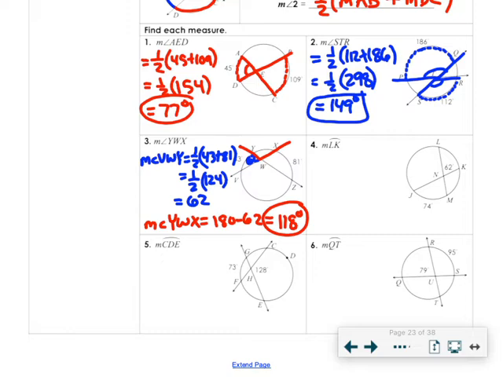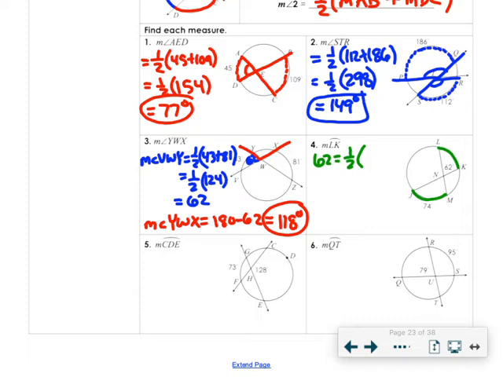Okay, this one they're asking for an arc instead of an angle measure, so we want a measurement on the outside. So LK, this is what we're interested in. What we know is that LK plus this arc, divided by 2, gives me 62. So here's what I know. 62 is equal to 1/2 of those two green arcs added together.